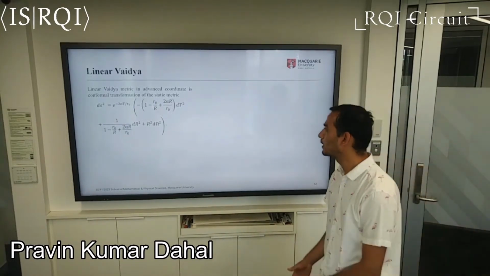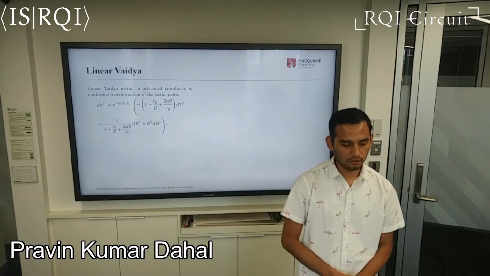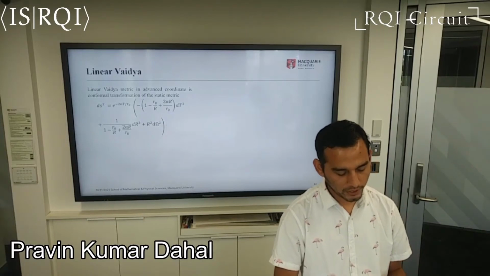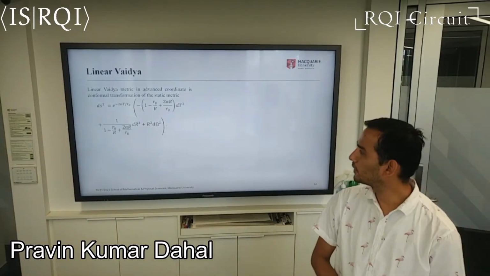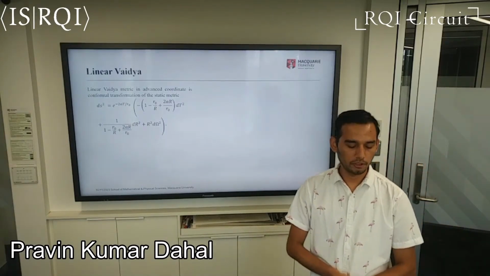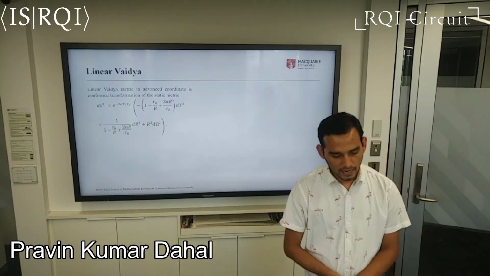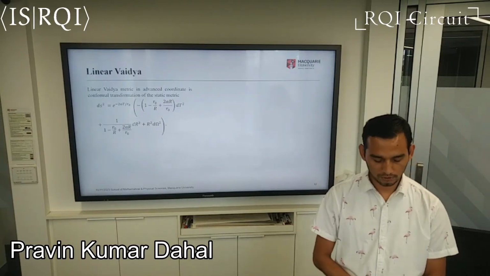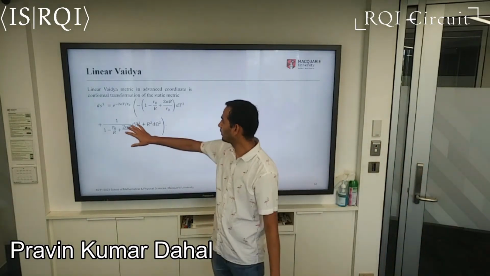Now, to analyze the evaporation thermodynamic property or Hawking particle production in this semi-classical framework, we take a specific example of linear Vaidya, because it is the simplest non-trivial solution following from semi-classical gravity. This linear Vaidya space-time has a very interesting property that it is conformal to some static space-time.